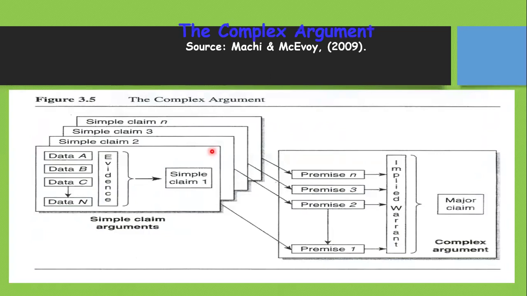You can provide a number of claims, and you can create premises on the basis of those claims. Like if you have claim 1, you can create premises 1. If you have claim 2, you can create premises 2. So in that case, you can have multiple claims and multiple premises to create your argument.